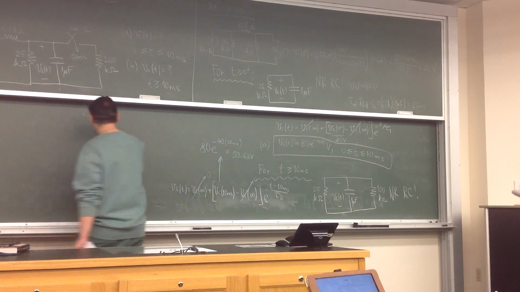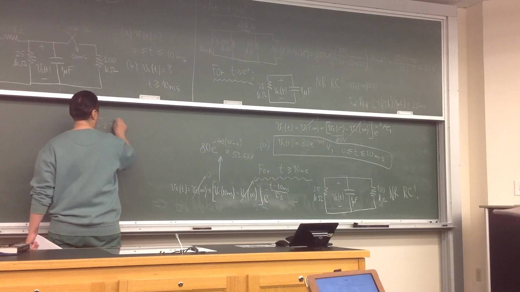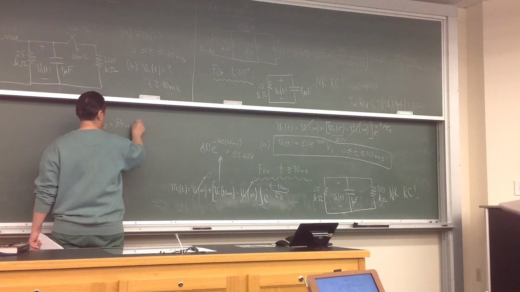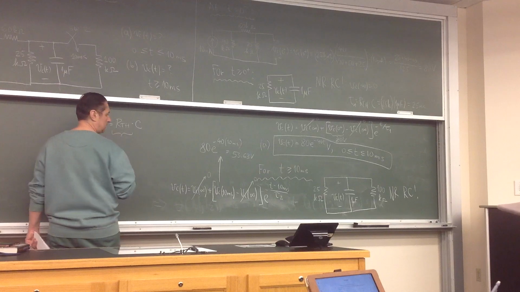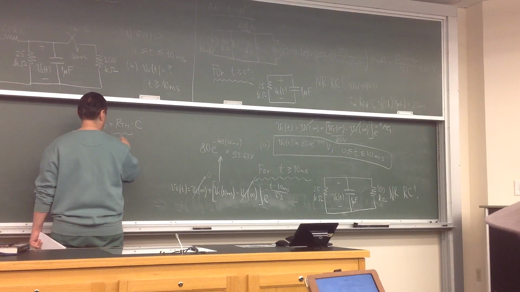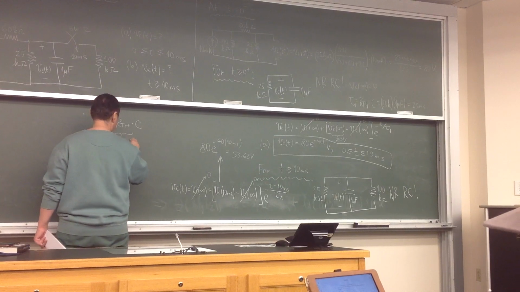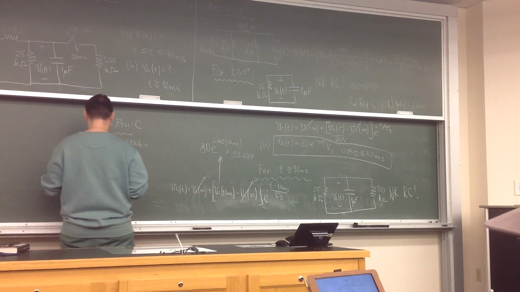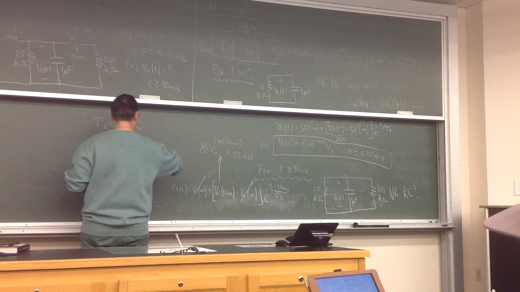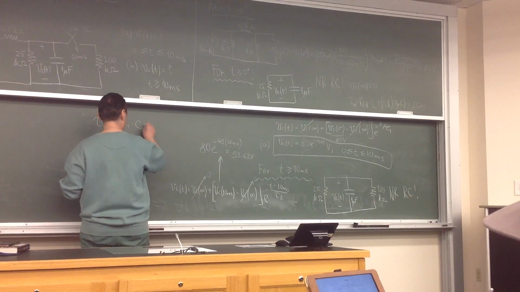And then tau 2 is basically our Thevenin times C. Well, our Thevenin in this case is 25K in parallel with 100K. When you calculate that, tau 2 is 20 milliseconds.